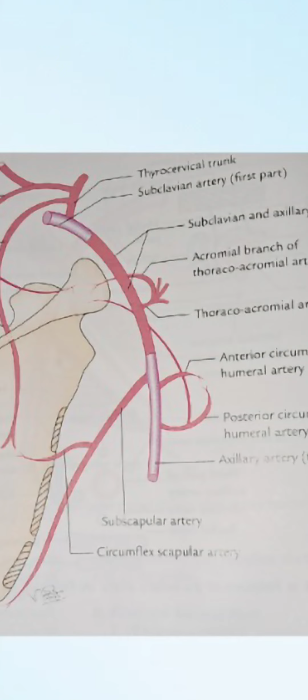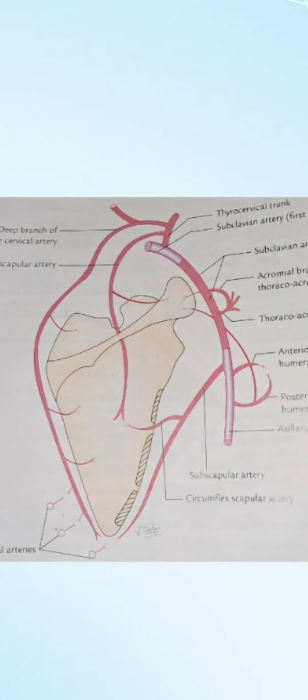So this is the subclavian artery, which gives a branch called the thoracocervical trunk. From this thoracocervical trunk, the transverse cervical artery arises, and the suprascapular artery arises.